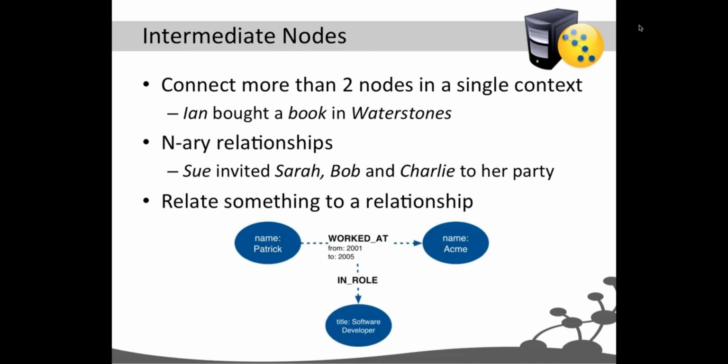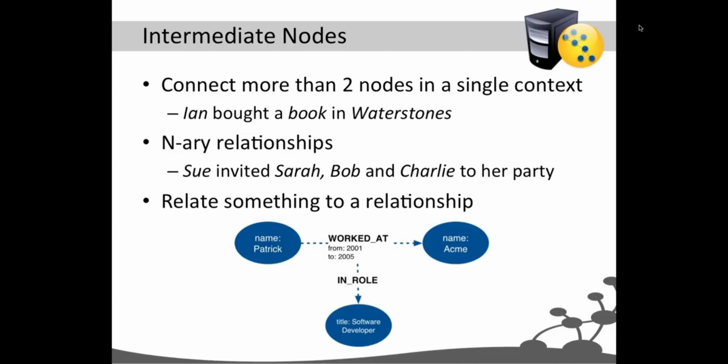The second driver here is what's often called, in data modeling terms, n-ary relationships. So, Sue invited Sarah, Bob and Charlie to her party. You can imagine that perhaps ideally what you would like to be able to do is create a relationship that extends from Sue and somehow branches to connect to Sarah, Bob and Charlie.